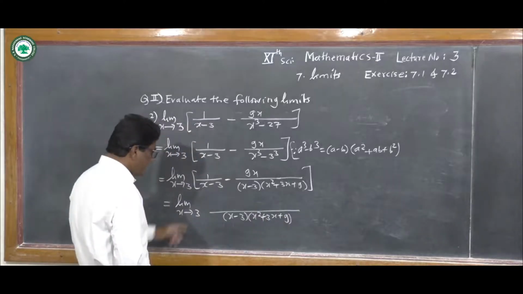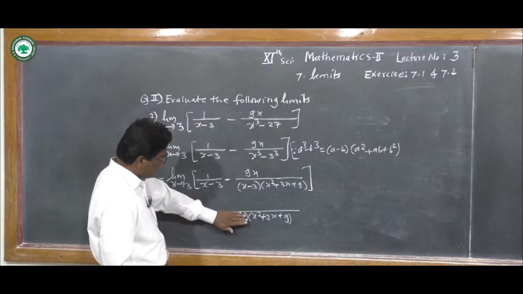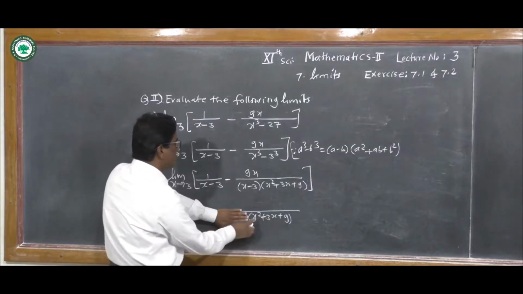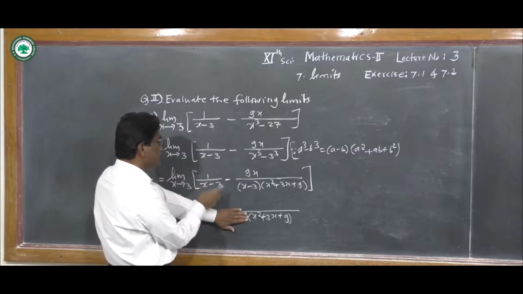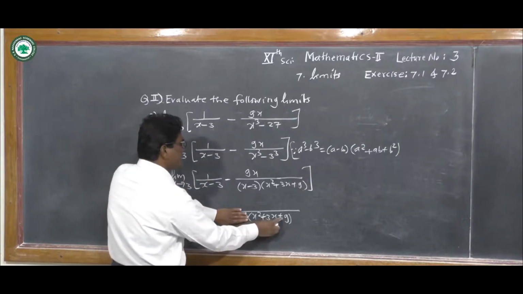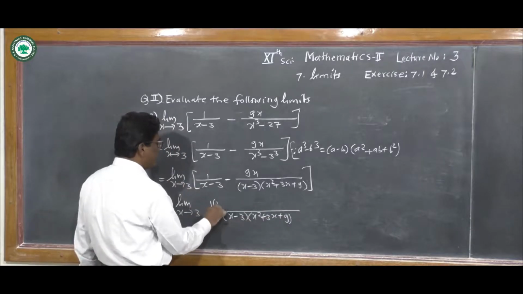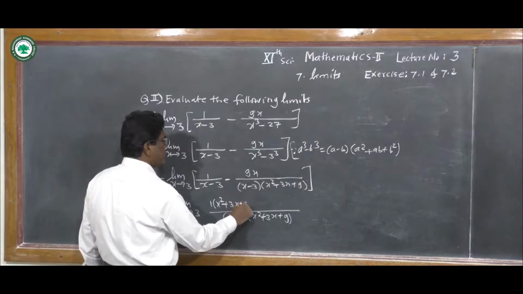Okay. Now here x minus 3, if we remove this x minus 3, we get here x square plus 3x plus 9, means we have to multiply this to the numerator also. So multiply by x square plus 3x plus 9 to this one. So 1 into x square plus 3x plus 9.